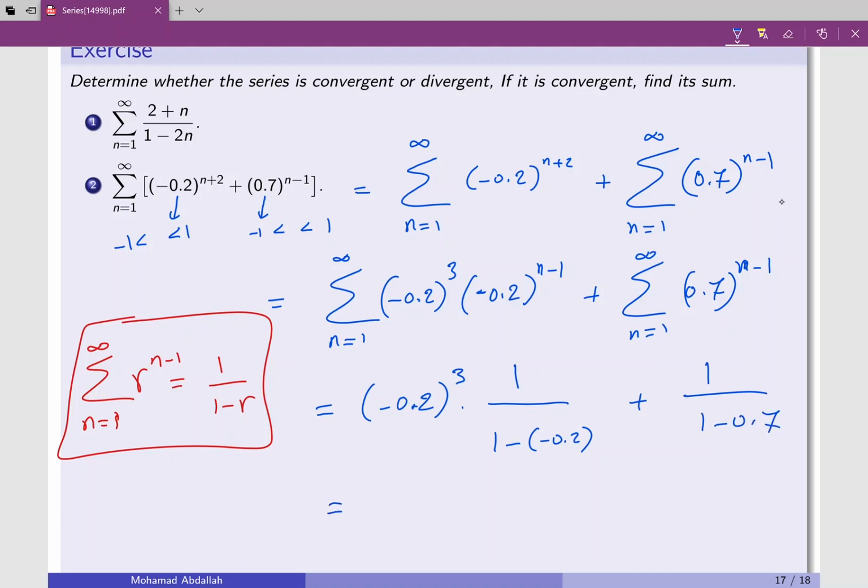So you can see that this can be found and you get a number which is the sum for this series. So clearly the series is convergent, and that's what we expected from the beginning.